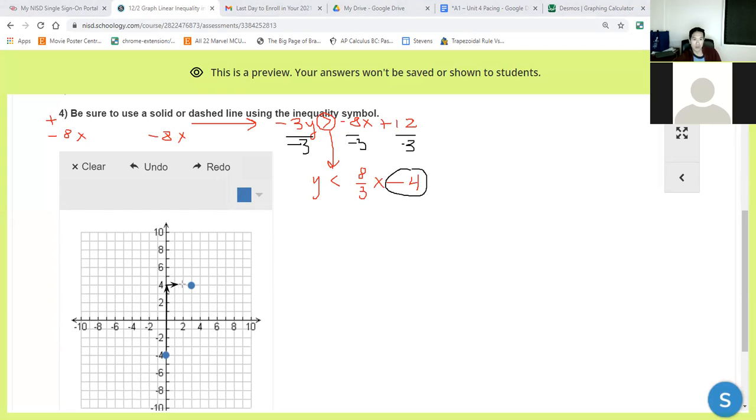Then I went to the right 3. So now I draw my line, but this time my line says that it's going to be a dashed line. Okay, so I'm going to have a dashed line instead.